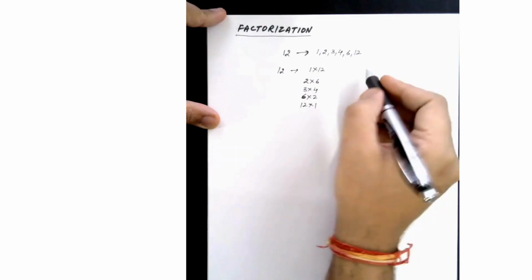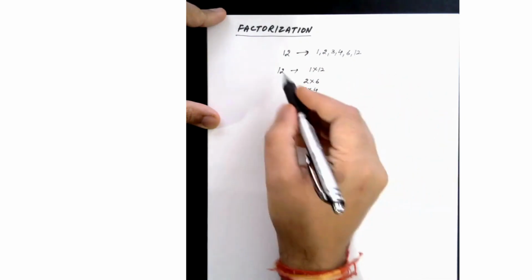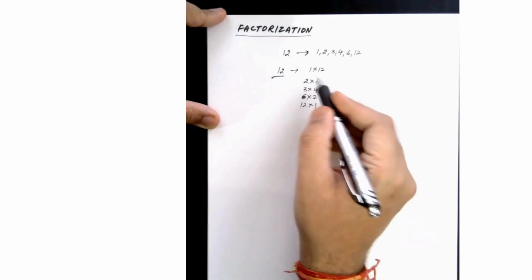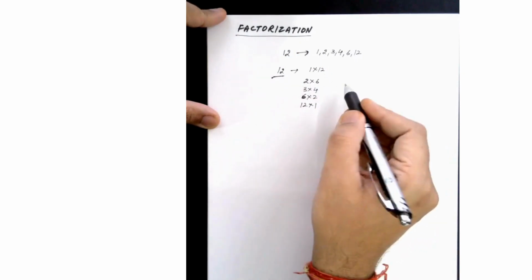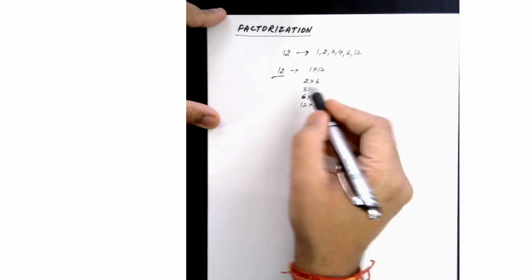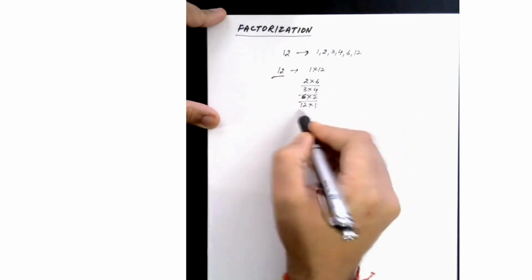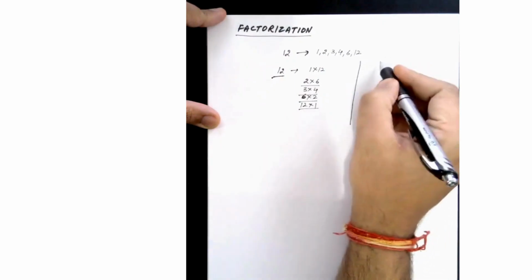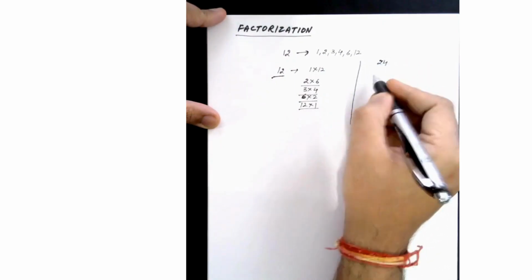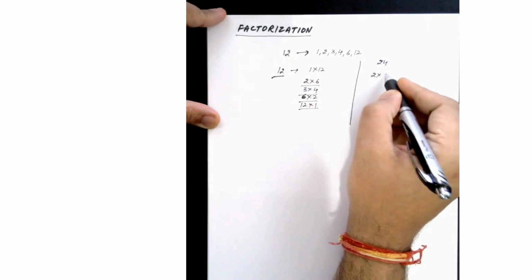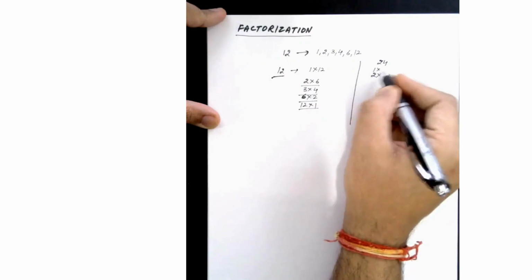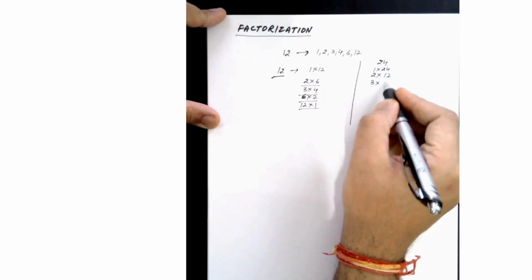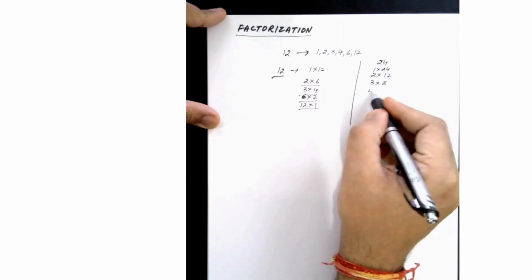So basically, a composite number we can write as a multiple of two or more numbers, and these are called factors of 12. If we take another example, say 24, we can write it as 2 into 12, or 1 into 24 obviously, or 3 into 8, or 4 into 6.